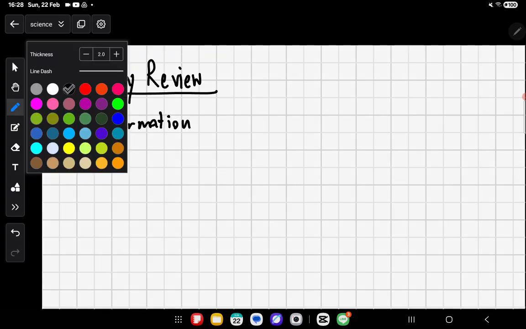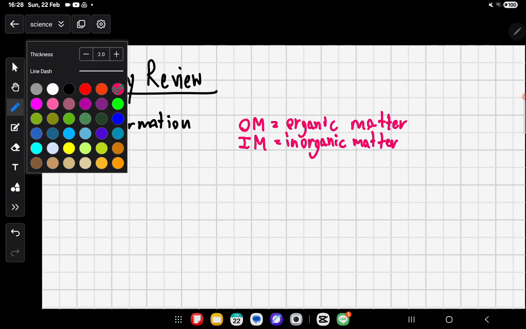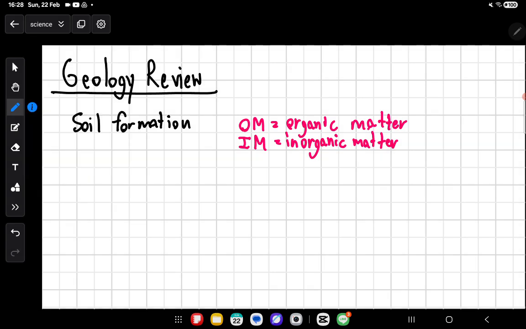But first, let's denote a few terms. OM and IM. For OM, it means organic matter, and for IM, it means inorganic matter. So I'll just put that so no one gets confused.